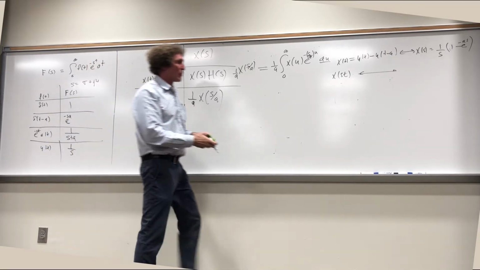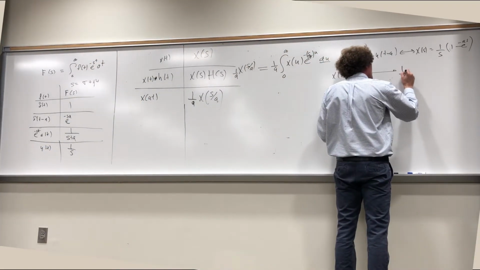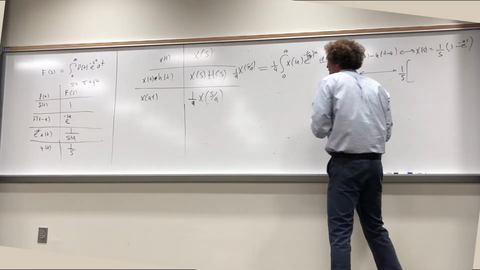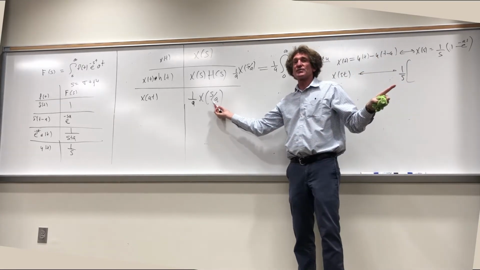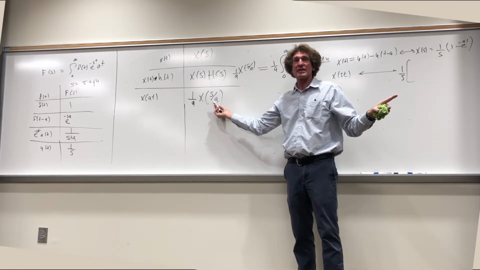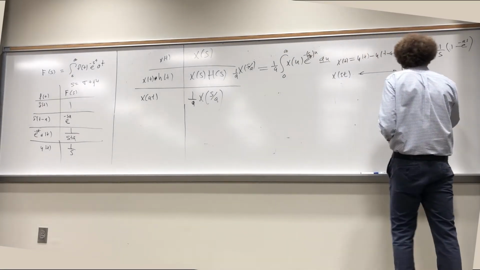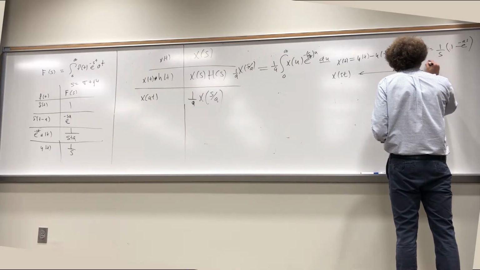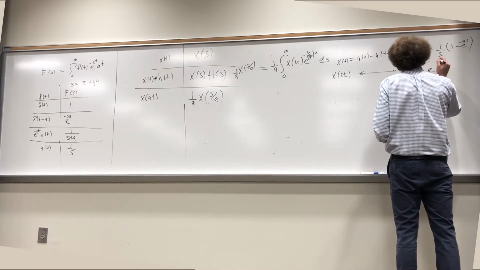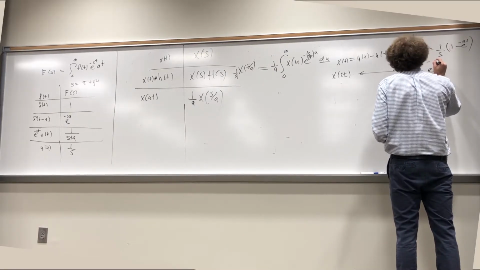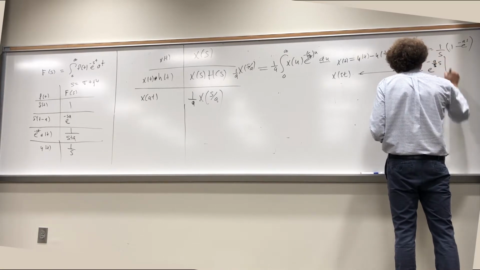Make sure you see that. 1 over 5 times what? The actual transform, the original one, only instead of s, we have s over 5. Correct, class? Yes. So now I have 1 minus e to the minus, and this is going to be a over 5s.